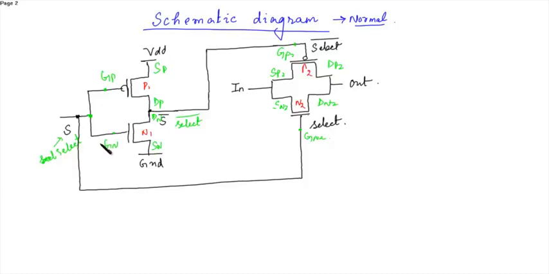Now if select is equal to 0, then select bar will be equal to 1, and input can be any value like 0 or it can be 1.